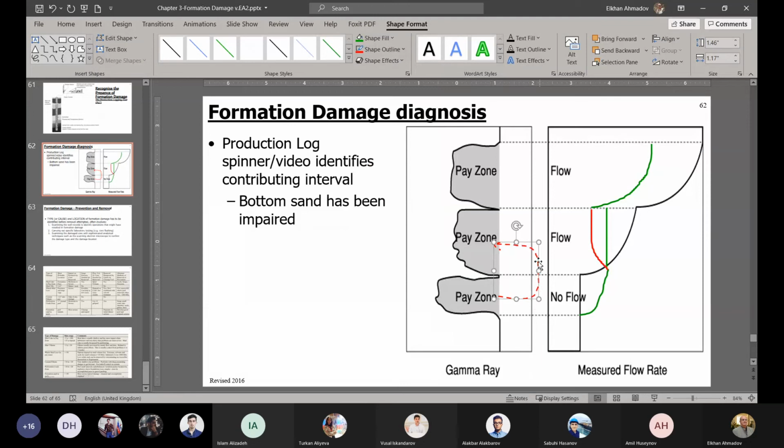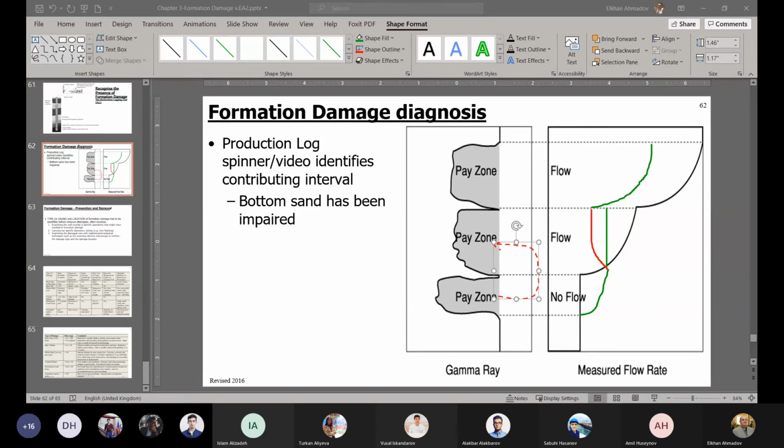In this case, because some flow will go through this zone into this zone, the velocity or volume of this flow will be reduced.